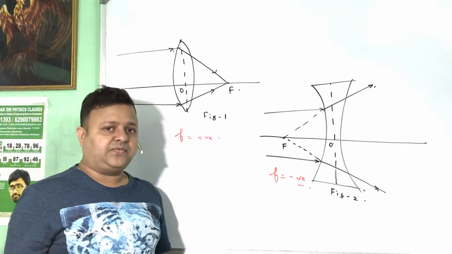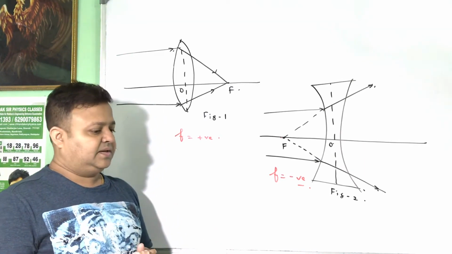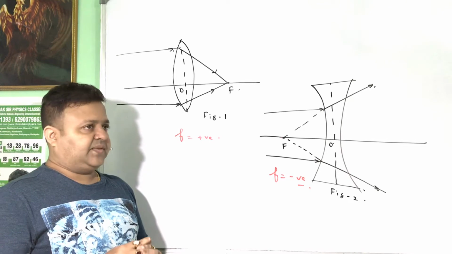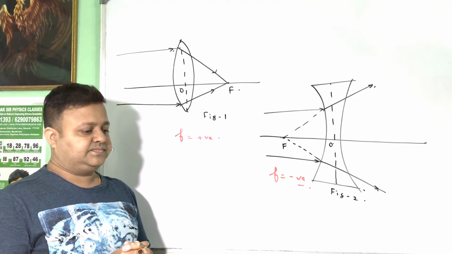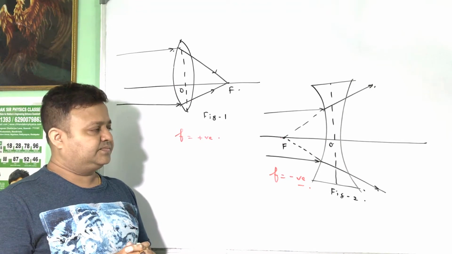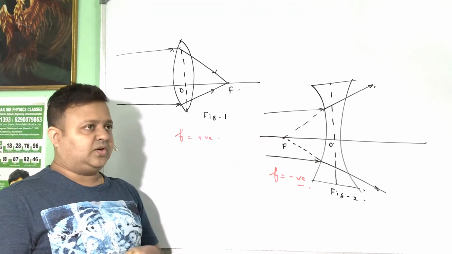This is known as the principal focus or first focus. And OF is called the focal length.